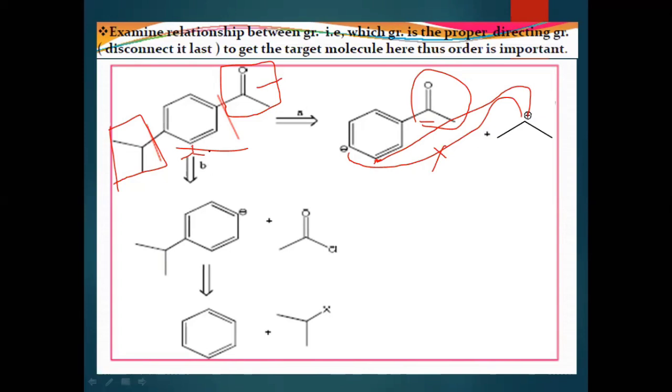Then path B, suppose you follow path B, then one is the donating group, which is already present, along with the negative charge synthon, and along with that you will get an acetyl chloride.